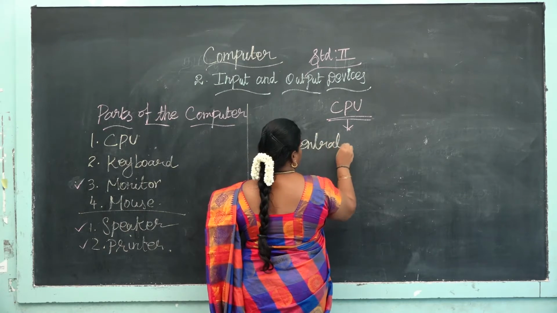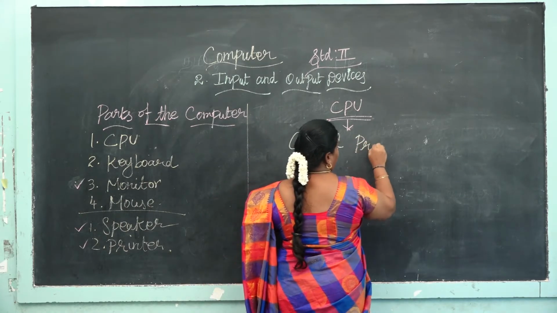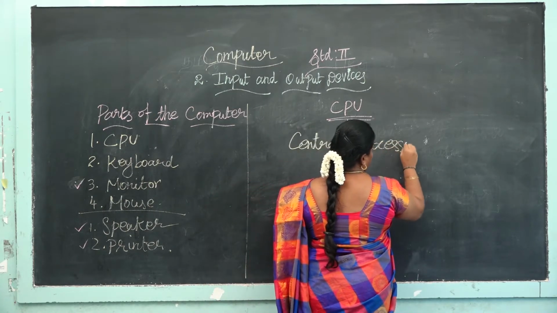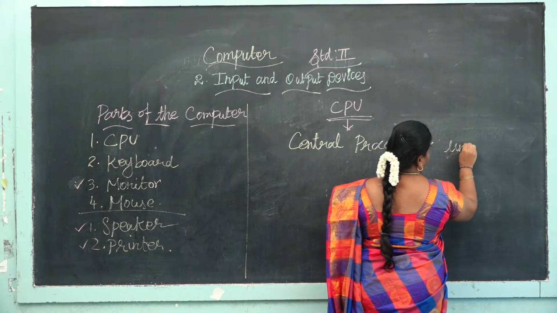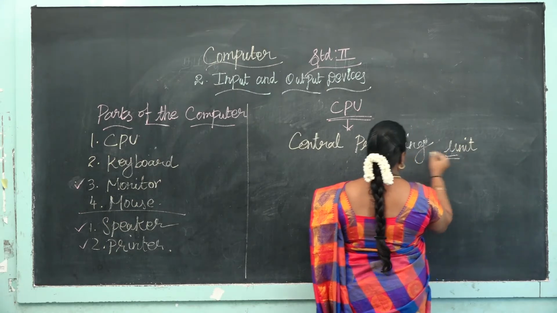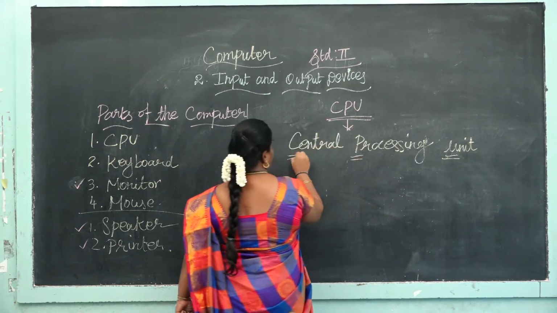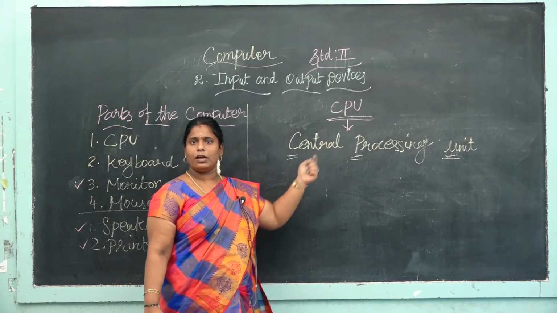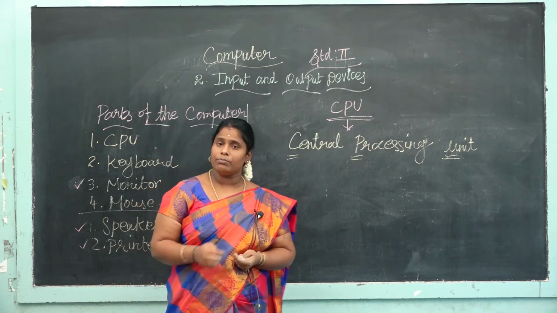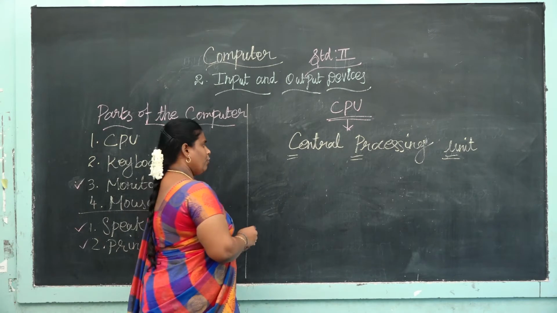Central processing unit. That is called CPU. It is the most important part of the computer. It is also called the brain of the computer.